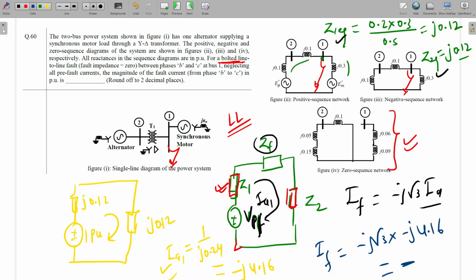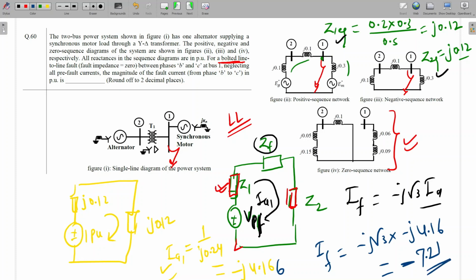Root 3 into 4.16, I am getting 7.2, minus 7.2. If we put 4.166, it will be 7.21, minus 7.21.